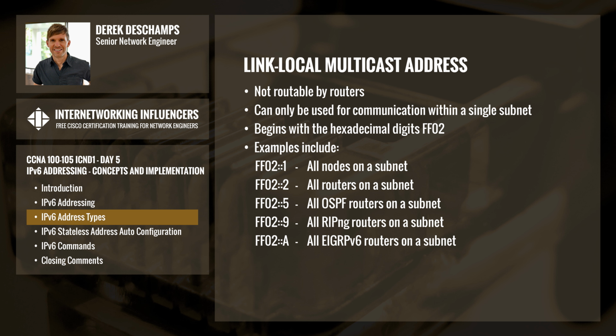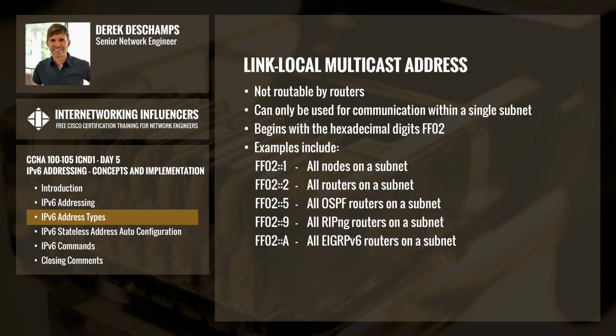A link local multicast address begins with the hexadecimal digits FF02. Examples of link local multicast IP addresses include FF02::1, which is used to send packets to all nodes on a subnet. FF02::2, which is used to send packets to all routers on a subnet.